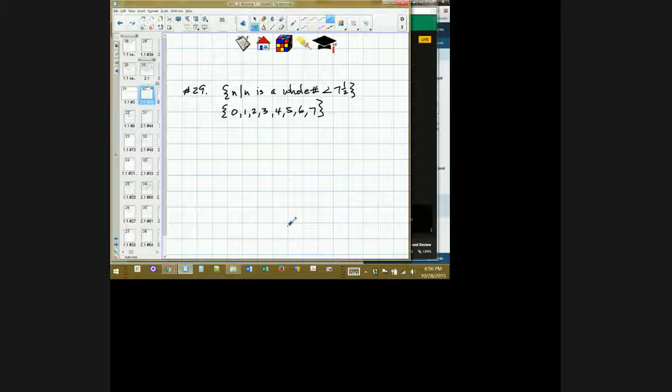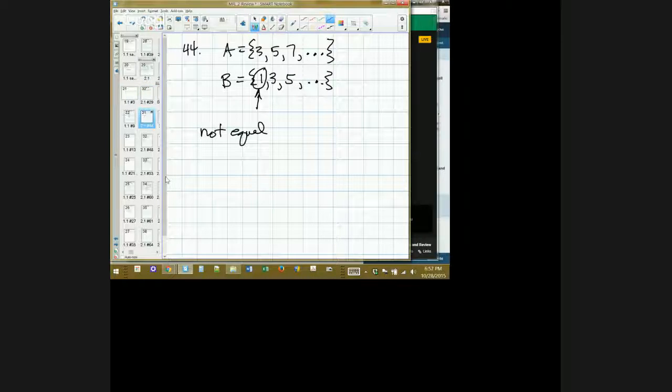That wasn't very hard. How about 44? Number 44. State whether the sets are equal or not. You're going to have to look this one up in the book. I'll write it on here.